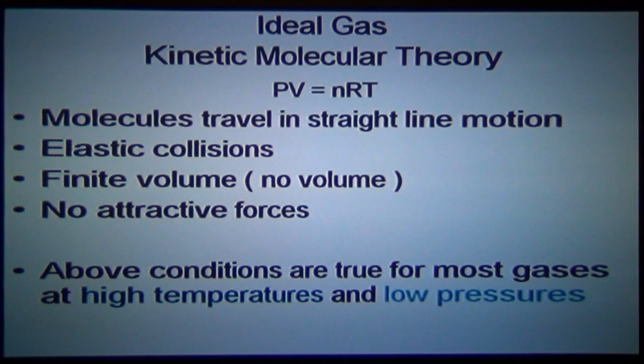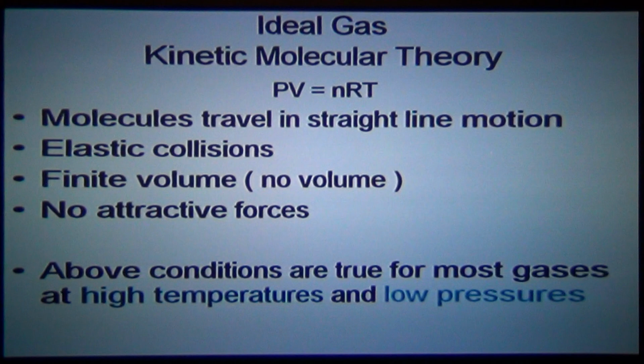When they do collide with things, they have elastic collisions. We consider that the individual molecules that make up this gaseous sample don't have a volume that we have to consider, and that as they're traveling, they're just not attracted to each other. They're not sticking together, if you will. When they hit each other, they bounce off each other with elastic collisions.